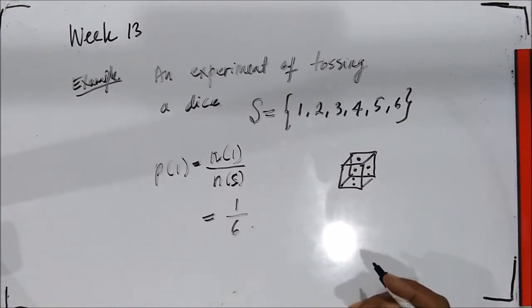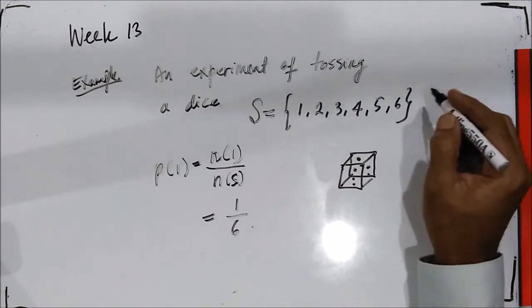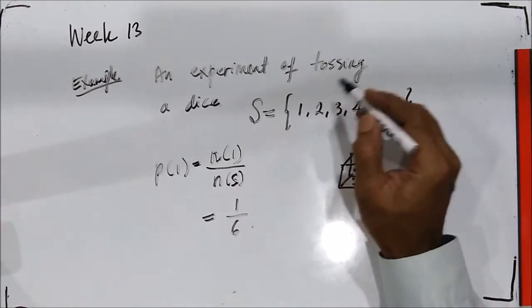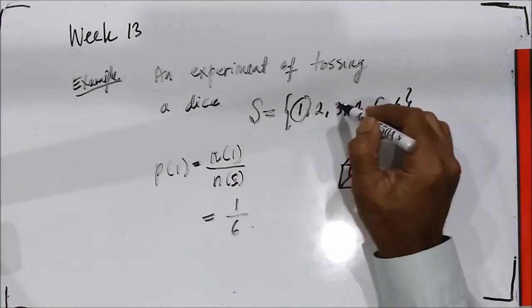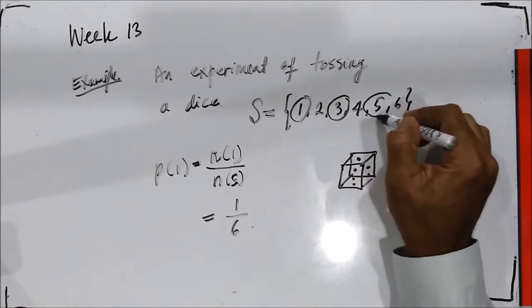Let's say I want to find the probability of getting an odd number. For this case, the odd numbers are 1, 3, and 5.